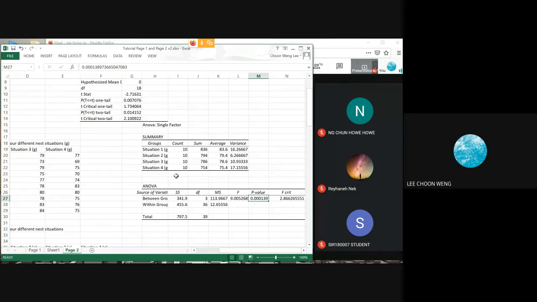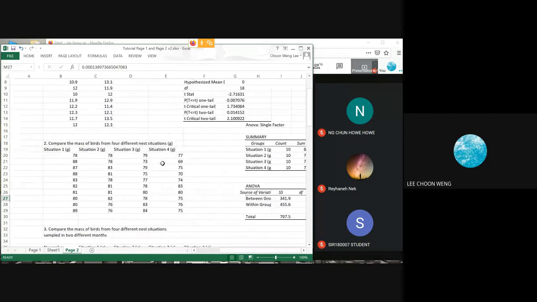So ANOVA tells you that they are not similar, but it doesn't tell you anything more than that. Okay, it doesn't tell you which one is not similar. Just you are comparing 4 groups, and when the p is less than 0.05, that means they're not similar. Some of them are different, but you don't know which one.